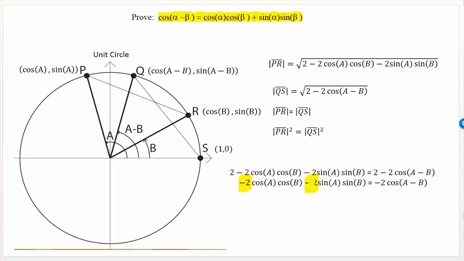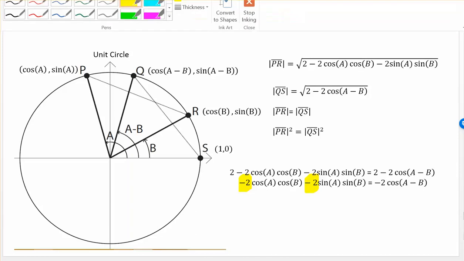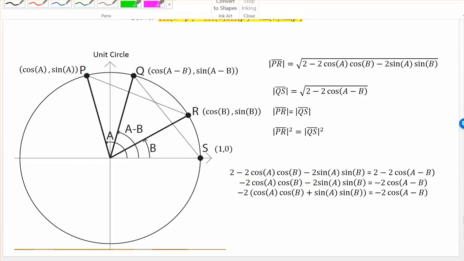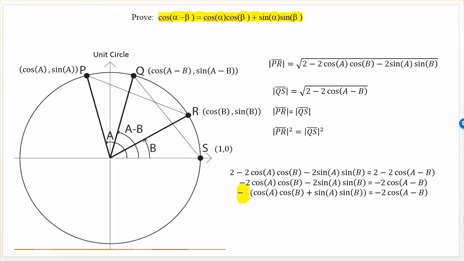So if we factor that out, we'll be left with the cosine A cosine B and the sine A sine B, both positive because we're going to factor out the negative with the 2. So when we do that, we have now the negative 2 on the outside and the other stuff on the inside. And the right-hand side also has a negative.